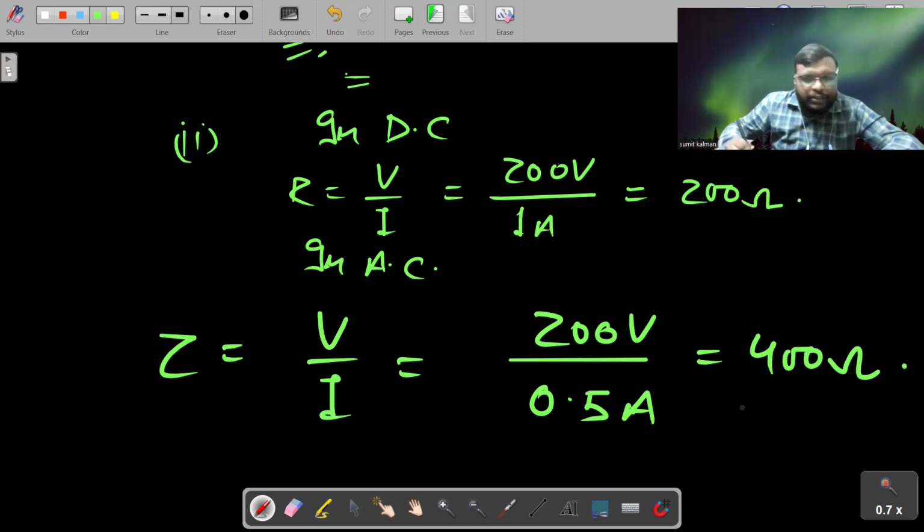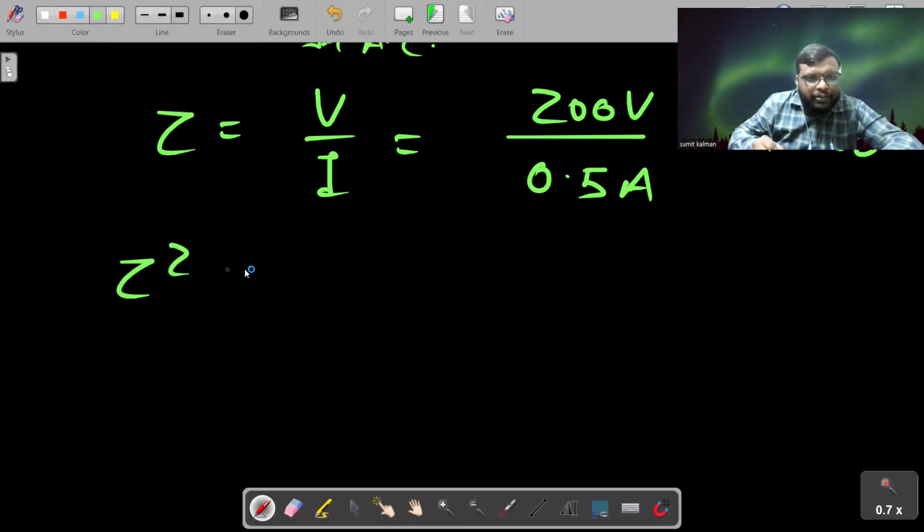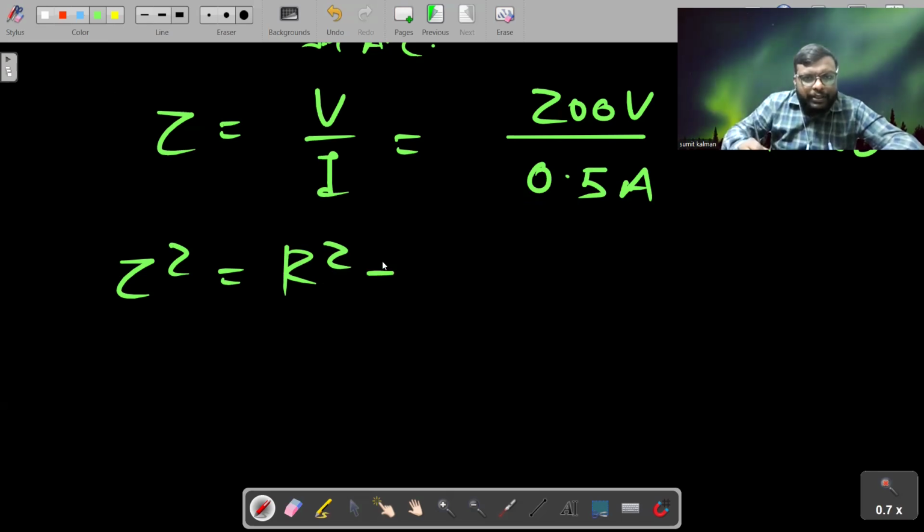So students, we will calculate total opposition, that is impedance in AC circuit, and it is equal to Z square is equal to R square plus XL square. XL is inductive reactance.